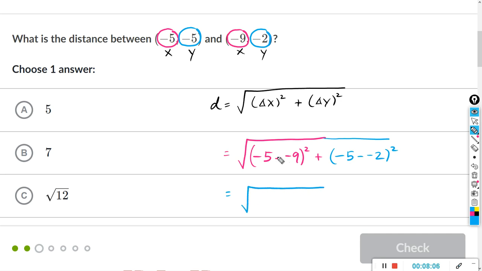Two negatives in a row make it positive. Negative 5 plus 9 is 4, and that's squared. Two negatives in a row make it positive. Negative 5 plus 2 is negative 3. And that gets squared.